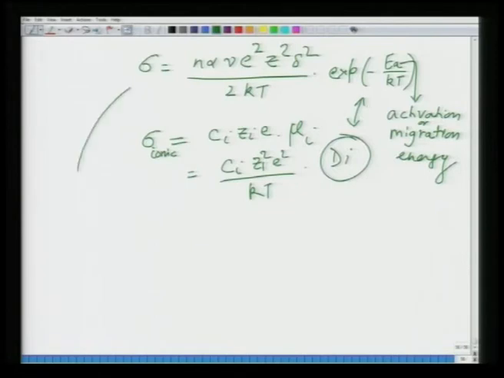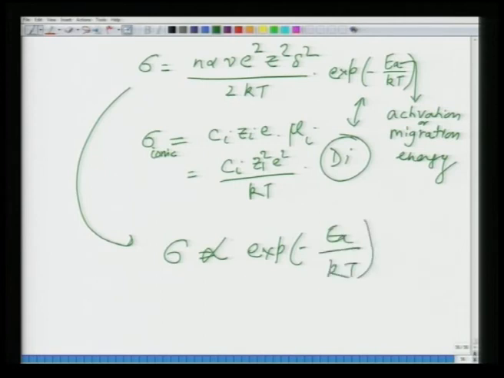So sigma is proportional to exponential minus Ea by kT. Basically this analysis has explained that no matter how you derive the ionic diffusivity or ionic conductivity, the form is similar, it is always proportional to exponential minus Ea by kT or Qa by kT or Hm by kT, depending upon the convention, and this energy is the migration energy.